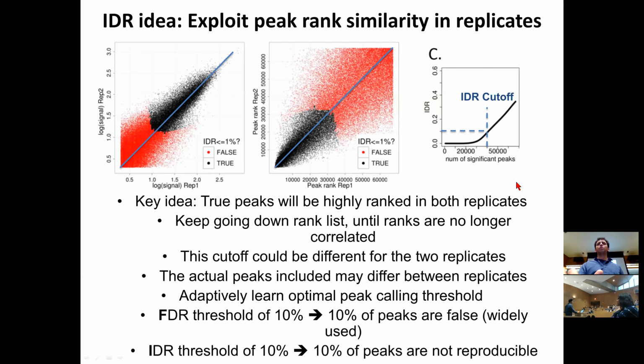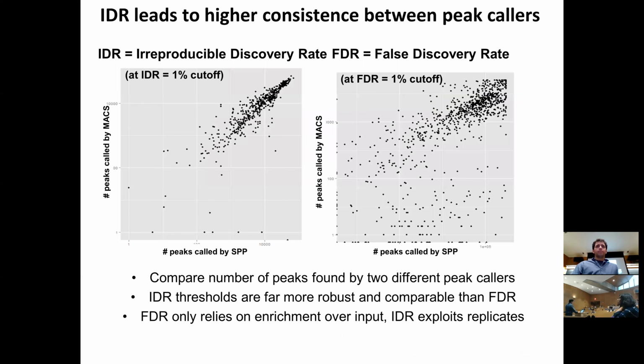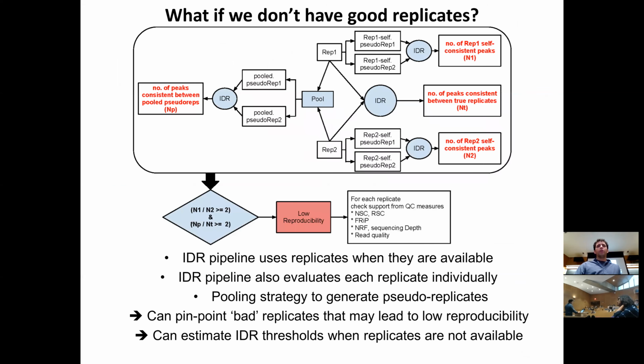I have 50,000 peaks in one experiment, only 5,000 peaks in the other experiment, and yet I can use the less good experiment as a replicate for my much better experiment, okay? We're basically looking at the rank correlations and where they start being non-correlated. Who's with me so far on this one? Raise your hands. Awesome. Great. All right, so that's basically what IDR does.